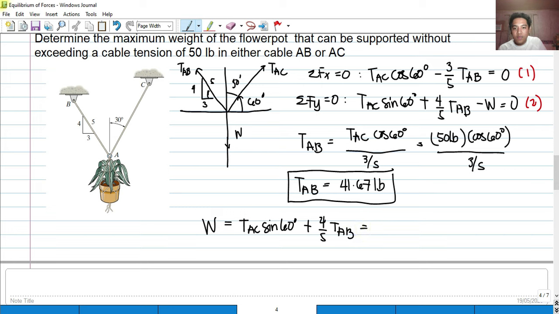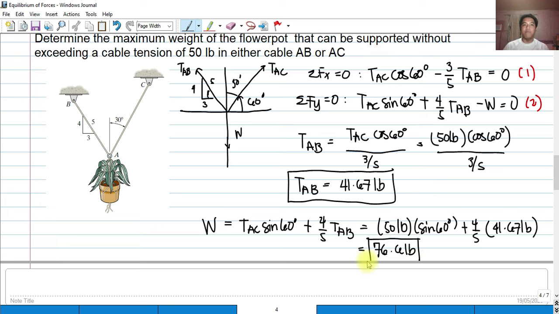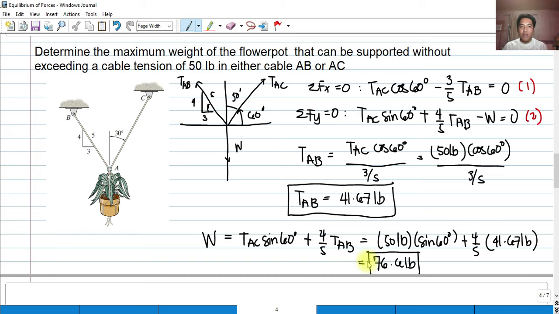T sub AC is 50 pounds: 50 pounds sine of 60 degrees plus 4/5 of T sub AB, which is 41.67 pounds. And our answer for the weight should be 76.6 pounds. So that is the maximum weight of the flower pot that can be supported without exceeding a cable tension of 50 pounds in either of the cables AB or AC.